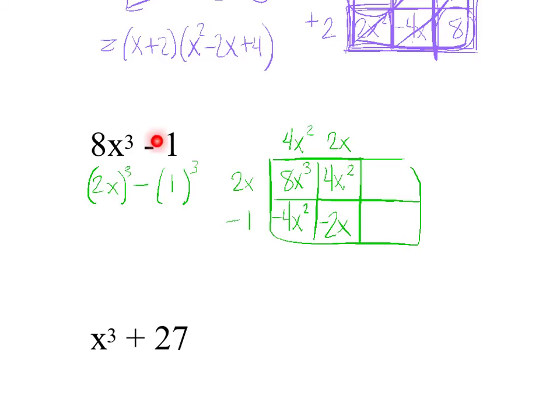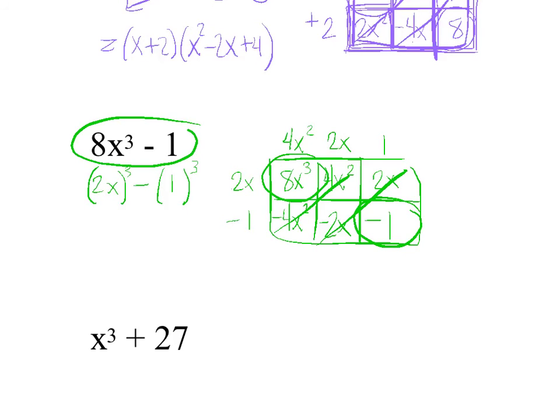Once again, there is no x here, so I need to cancel out, so I need a positive 2x. 2x times 1 gives me 2x, so I need to put a 1 up there, and 1 times negative 1 gives me negative 1. These guys cancel out, and so I'm left with 8x cubed minus 1, which is exactly what I have up here. So 8x cubed minus 1 equals 2x minus 1 times 4x squared plus 2x plus 1.